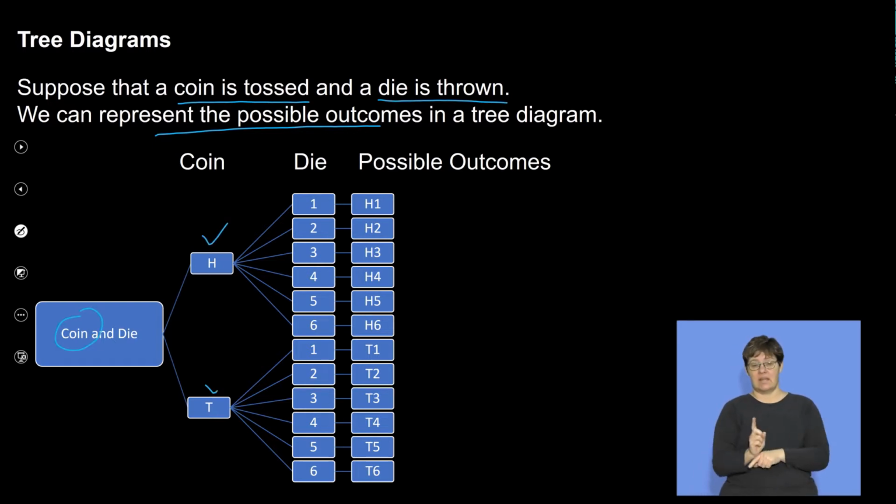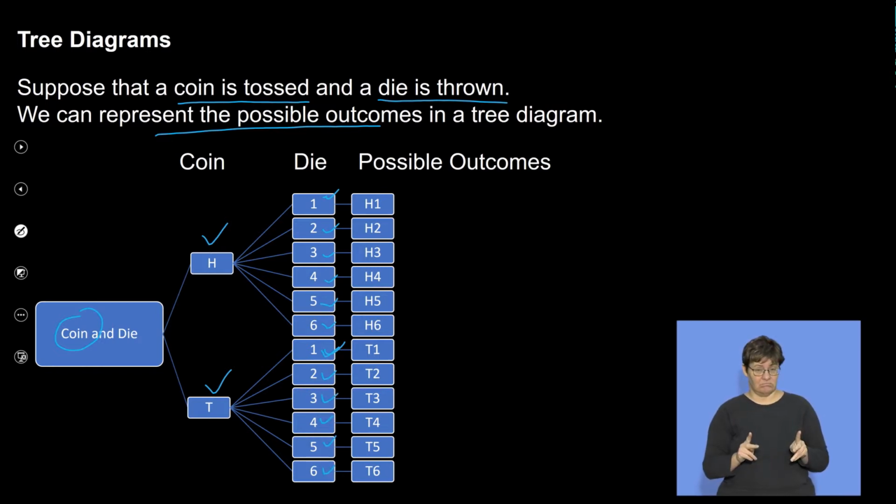Head or tail. If a coin gives us head or tail, what about a die? A die can give us 1, 2, 3, 4, 5, 6. And also if we get tail, a die can give us 1, 2, 3, 4, 5, 6.